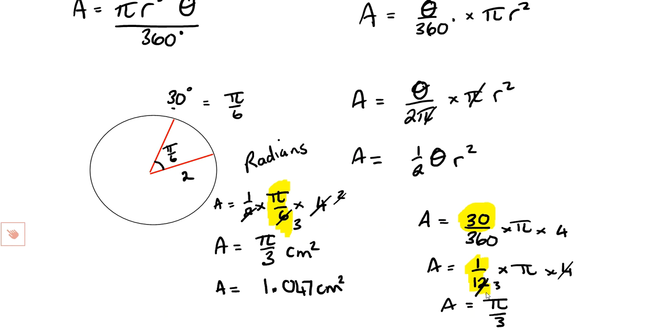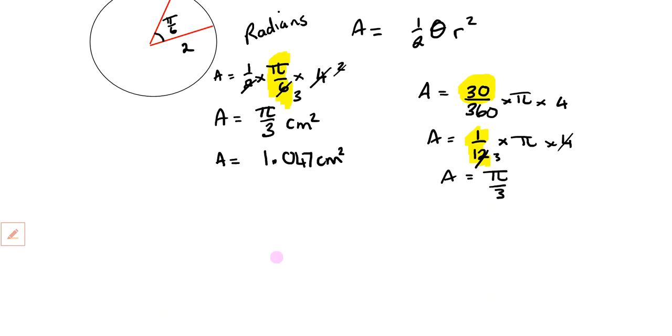Okay, so the next thing, are you all right with the area? There is a different formula now that we can use, potentially. What's the formula for the area again, if it was in radians? Theta r squared over 2, a half of theta r squared. There's a new formula in radians.